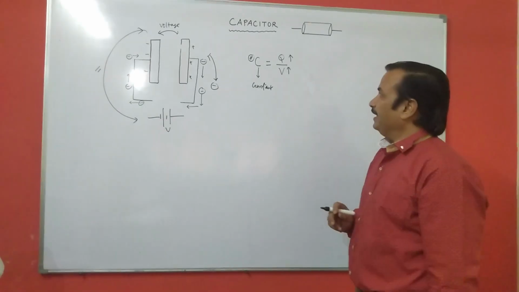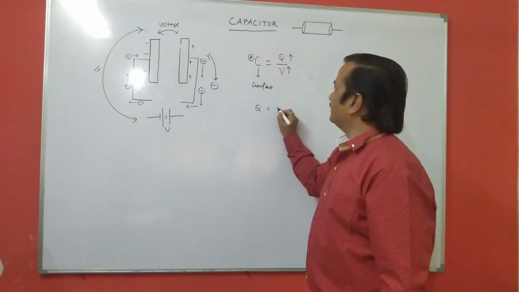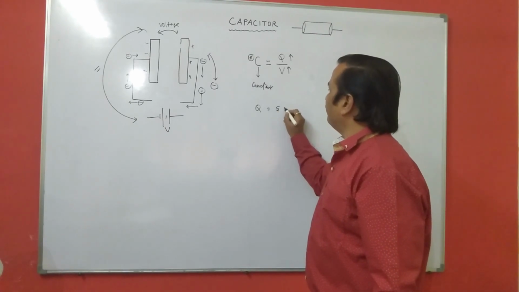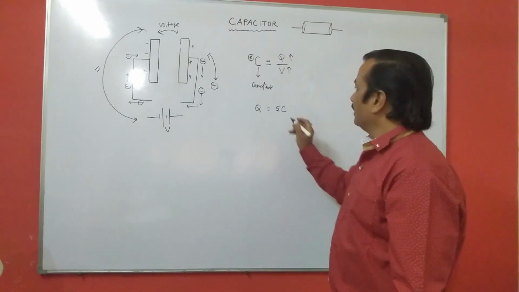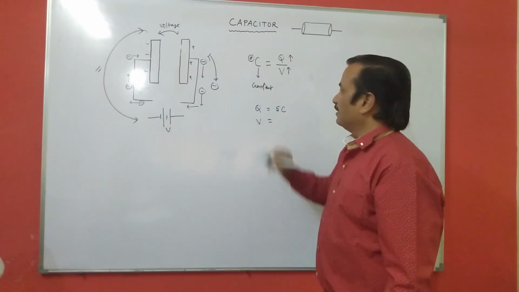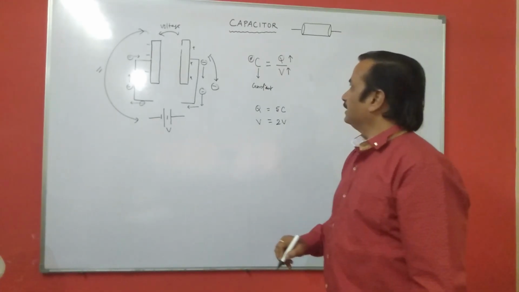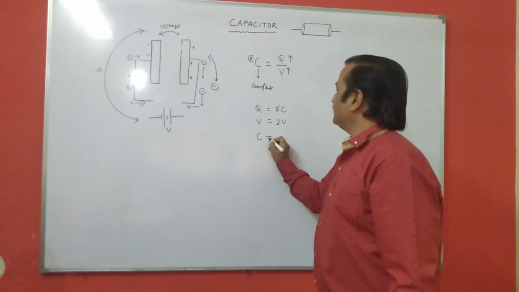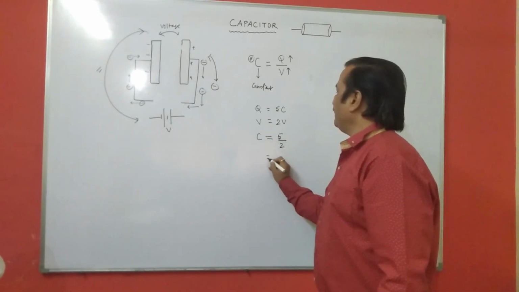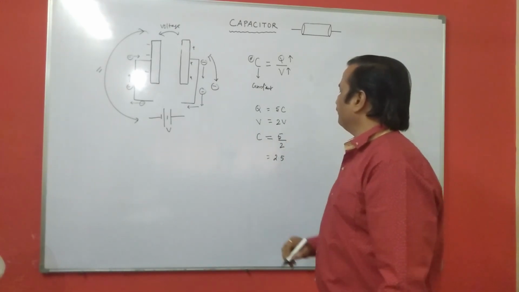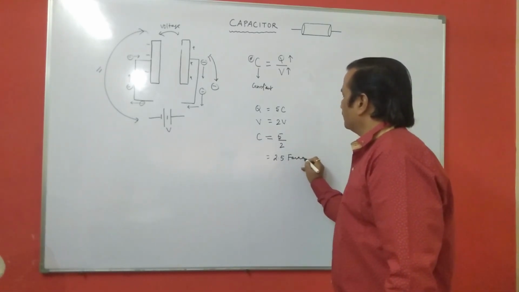So if you find Q charge is say 5 coulomb here on the plates, and V of the battery is say 2 volt, then the capacitance becomes 5 upon 2 equal to 2.5 farad.